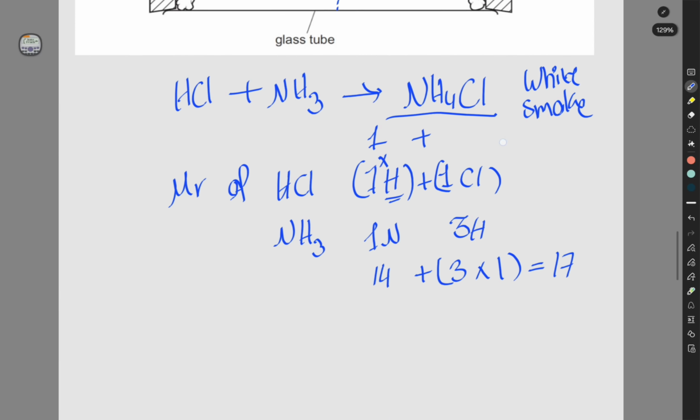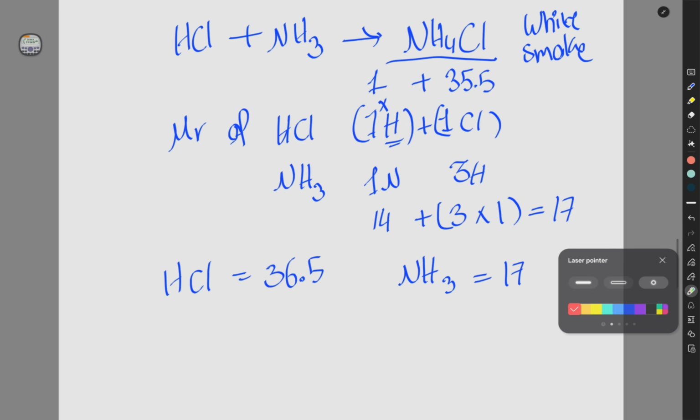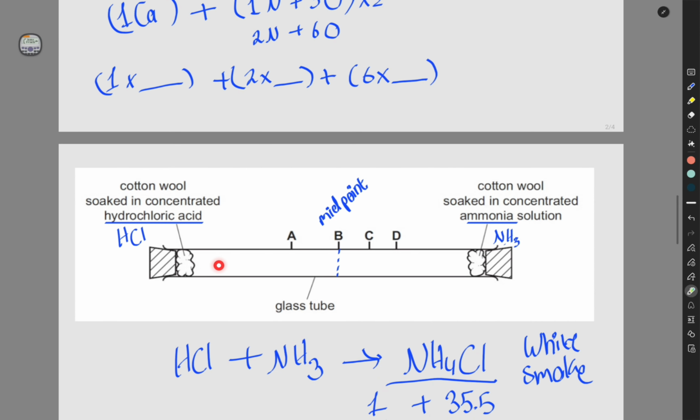You go back here and say plus 35.5, and that would give you an HCl MR of 36.5, whereas NH3 is 17. Which one has a higher MR? Clearly the HCl, right? Which means that the HCl is heavier and it's going to travel at a slower rate. It's going to be going slowly, while the ammonia is going to be going really quickly.